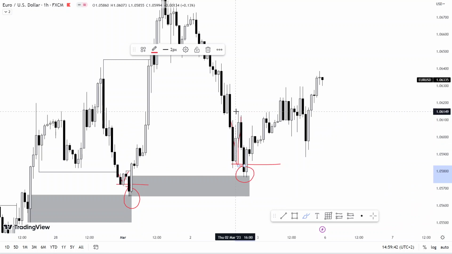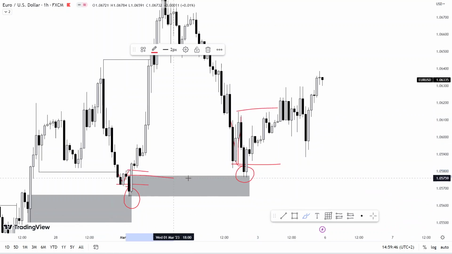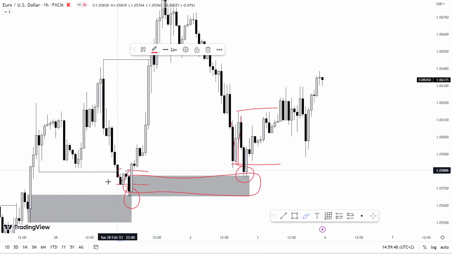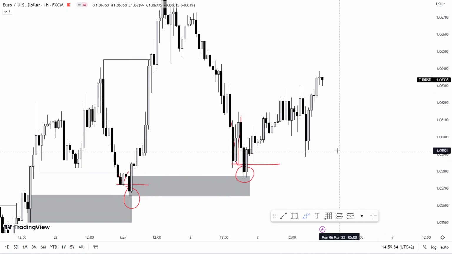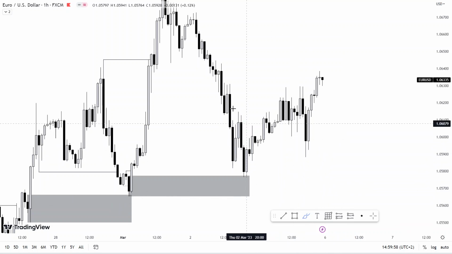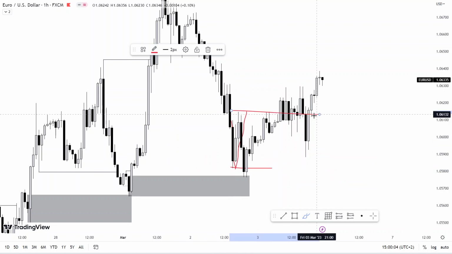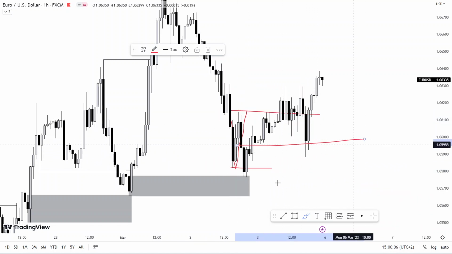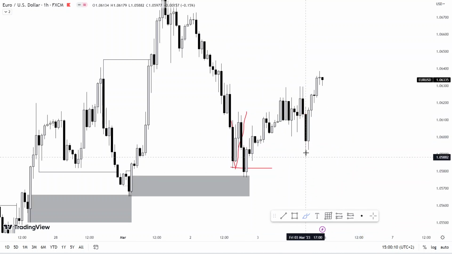And then it broke the structure right there, and then we were waiting for price to buy from this demand zone. It did give us a small buy, just like with this one right here. We had a low, stop hunt, break of structure. We were waiting for price to at least react somewhere in here, right? Somewhere in here.